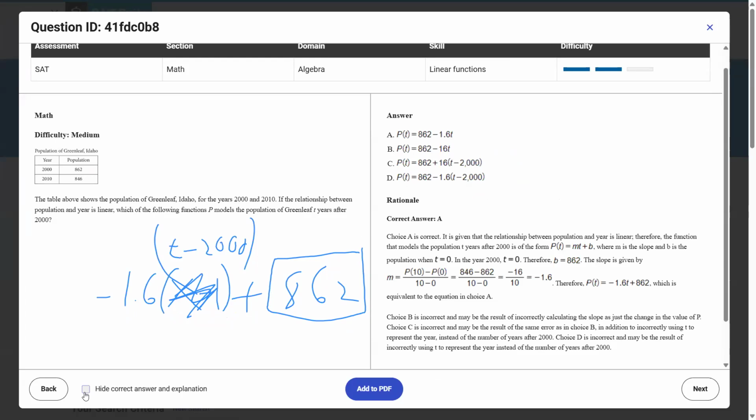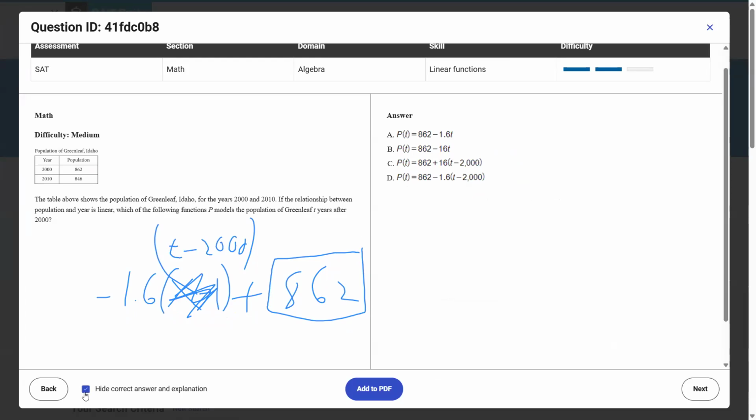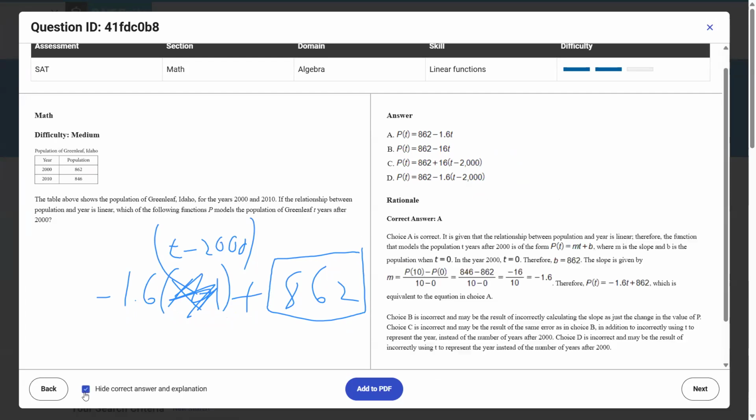Wrong. Yeah, I did it wrong. Ask yourself, when t equals 0, what's the value of y? When x equals 0, what's the value of y?